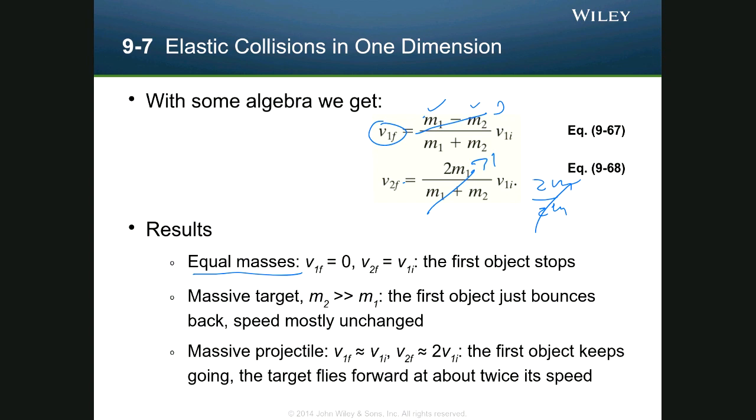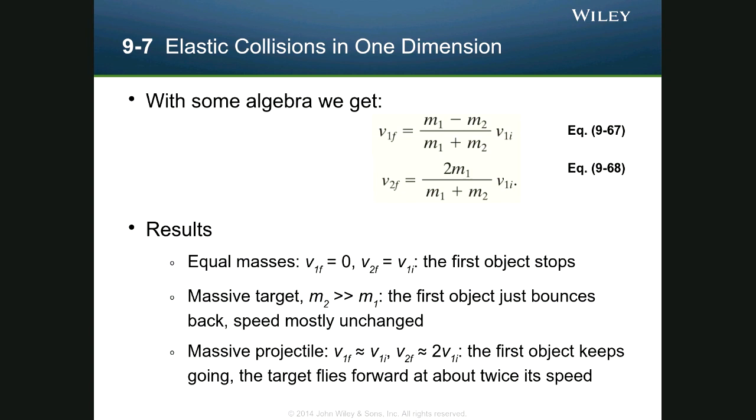If they're equal masses, you can see what will get simplified. Now, let's go to the next one. If m2 is much, much bigger than m1, so if m2 is huge, the first object's just going to bounce back with the speed mostly unchanged. So just get something opposite. So let's see what happens here. v1 final, m2 will be huge.